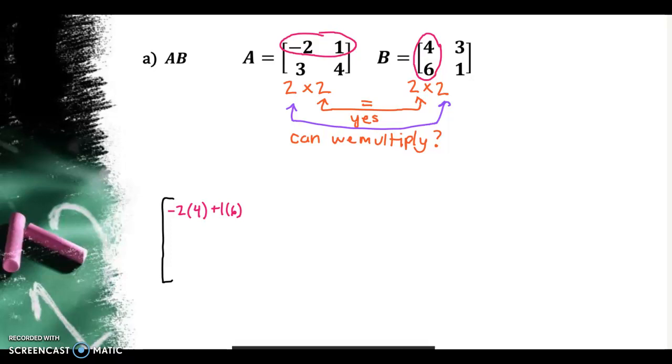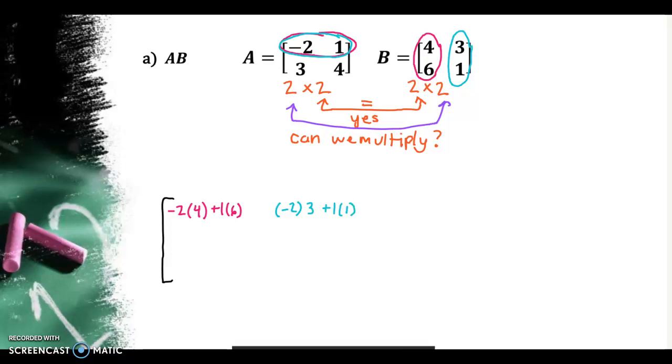For the next bit, we're going to again take the first row of A and multiply it by the second column of B, and that's going to become the entry in the first row and second column of AB. So this entry is -2 times 3 plus 1 times 1.